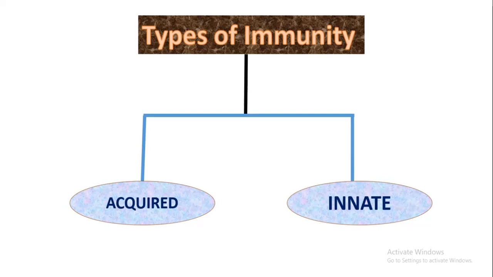Both types of immunity play a major role in fighting against diseases. At this point, I'm not going to go into much detail to explain what the acquired immune system is. Instead, I'm going to explain it in my next class.